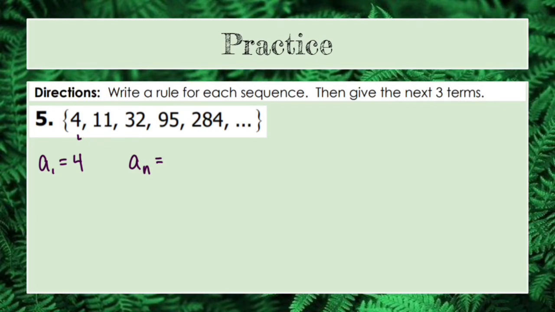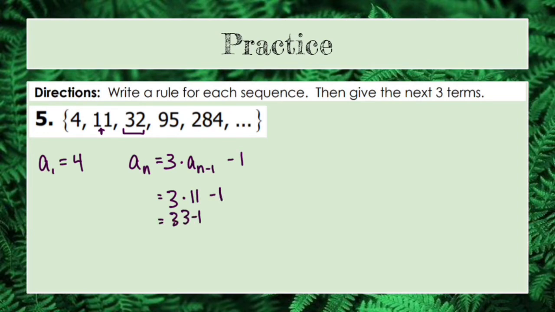So let's just pretend that that is our formula. We know that we want to use A sub n minus 1 because we want to use the term that came before the term we're looking for. And we decided that we could multiply that by 3 and then subtract 1, maybe. So let's see if it works with a different term. If we want to find the third term, we would do 3 times the one before it, so 11, and then subtract 1.